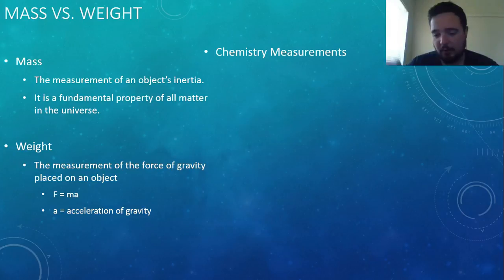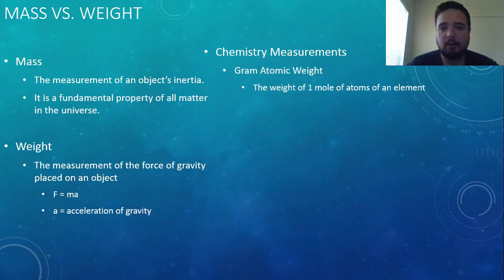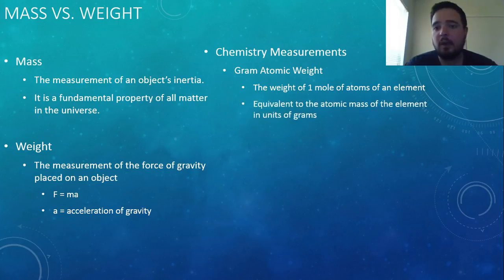Now, chemistry measurements that we do. Gram atomic weight is the weight of 1 mole of atoms of an element. So it's the weight of 6.02 times 10 to the 23rd atoms of a particular element. It's equivalent to the atomic mass of the element, but in units of grams. It's just demonstrating that it's 1 mole of atoms per element.